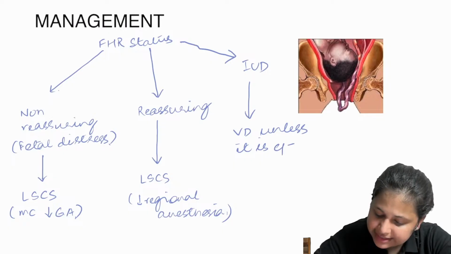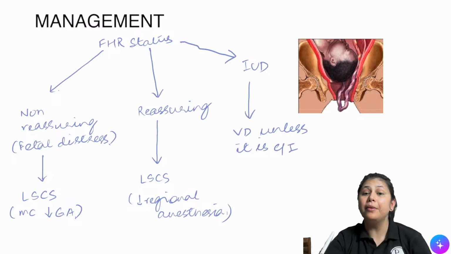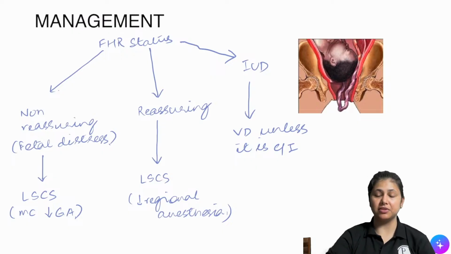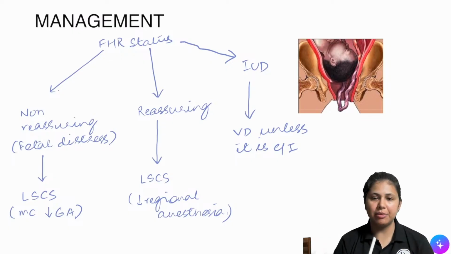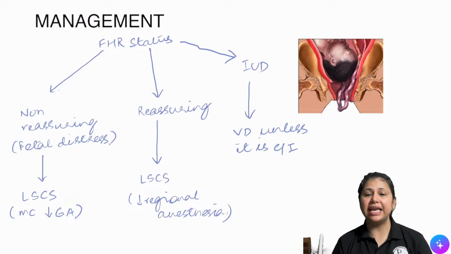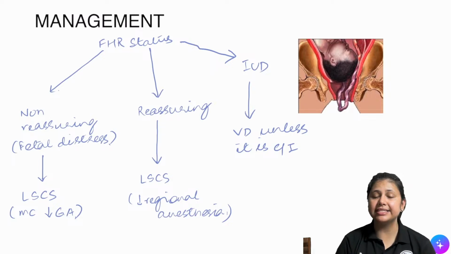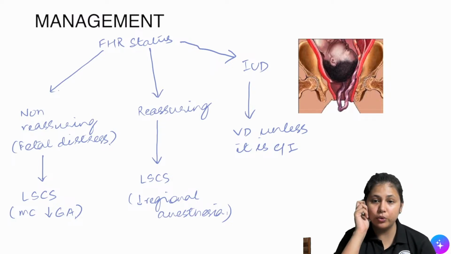What do I mean unless it is contraindicated? Remember, malpresentations is a very big cause of cord prolapse. So it could be that there has been a cord prolapse because the baby was in transverse. Now if the baby is in transverse lie, there is no mechanism of labor, there is no way that it can come out vaginally. If I leave it to have contractions and deliver vaginally, we discussed this in the last class, what is going to happen?